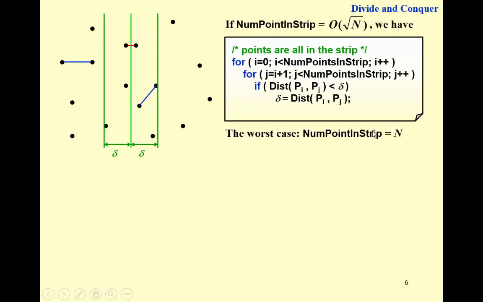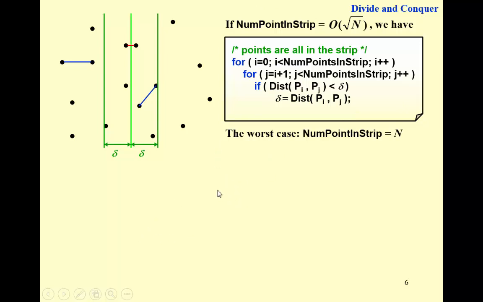And hopefully it can work. But if unfortunately everybody sits in this delta strip, then this number is no longer square root of n, it's big O of n, and still we get n squared here. So it doesn't work in the worst case.